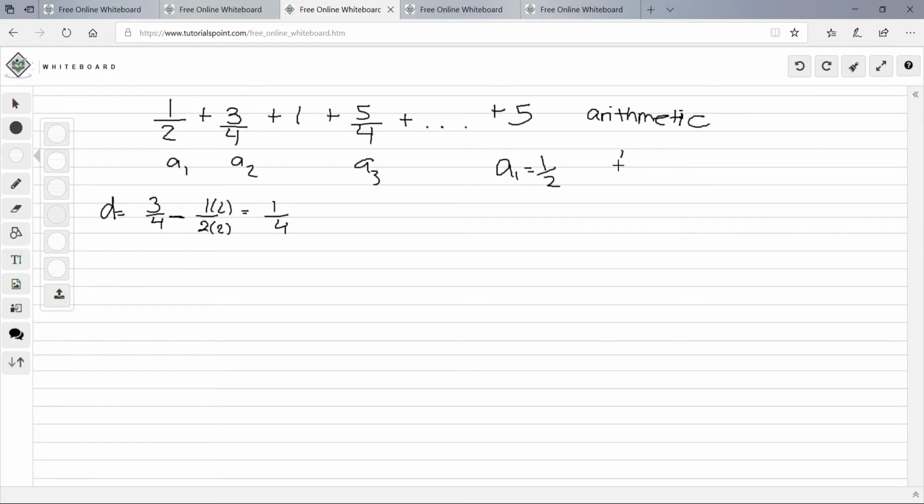Our nth term, our last term, is 5. But we don't know what n is. We don't know how long it keeps on going. We don't know our limit, right? We know it starts at 1/2, yeah, we don't know our limit.